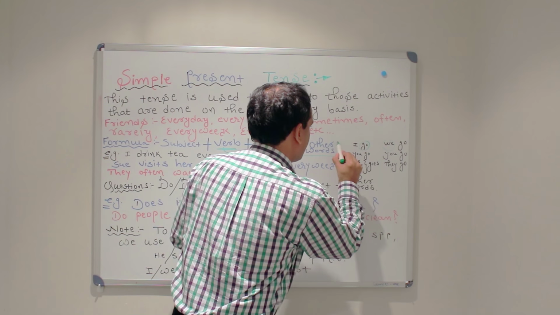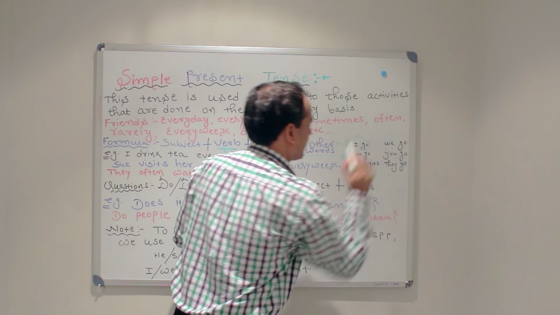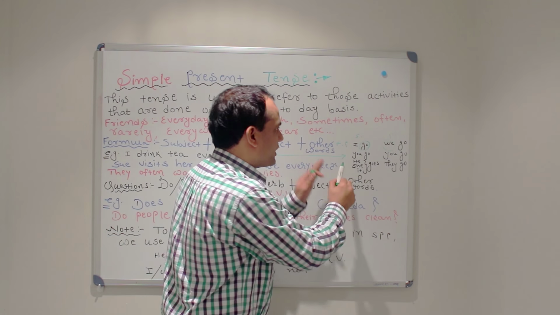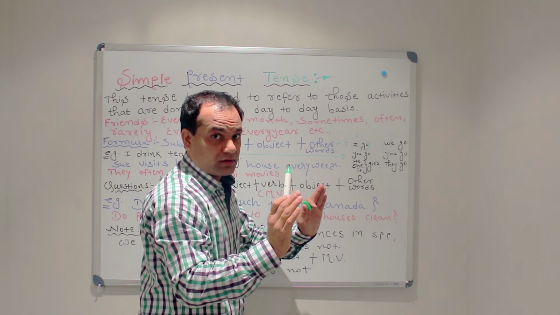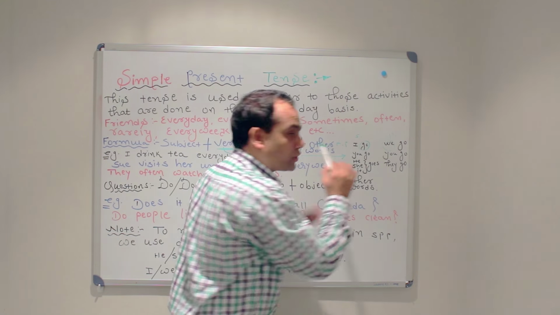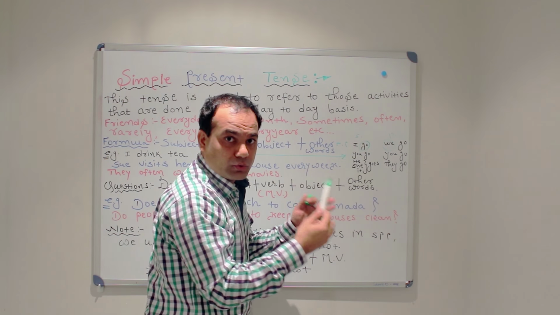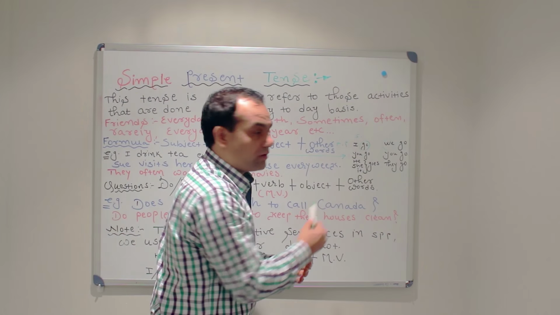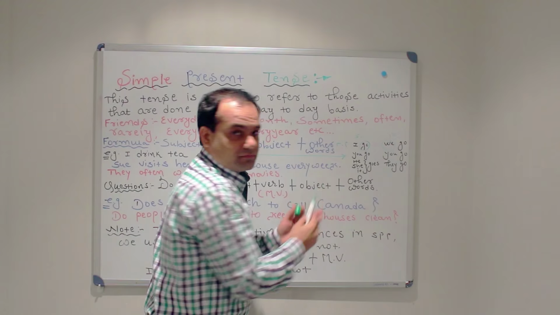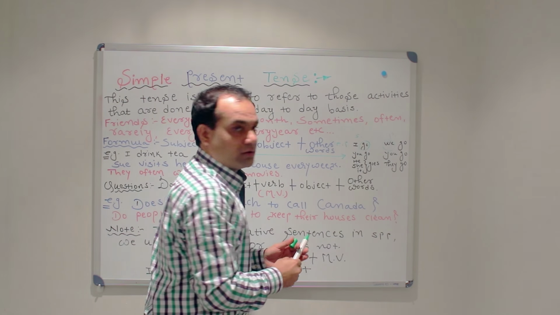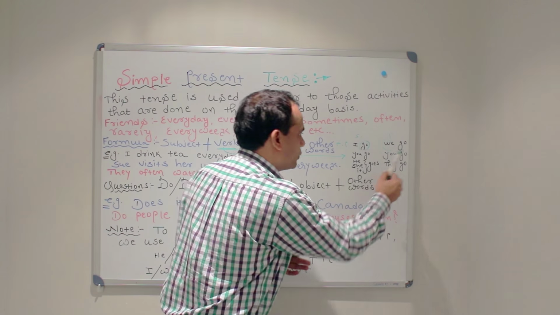This is first person singular and this is plural. When you are talking about first person plural, which is we, again you use the same main form, we go. When you are talking about second person singular, you do the same thing, you go. When you are talking about second person plural, you do the same thing, you go.